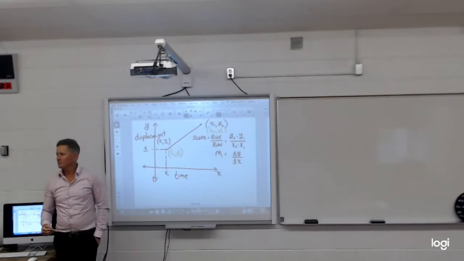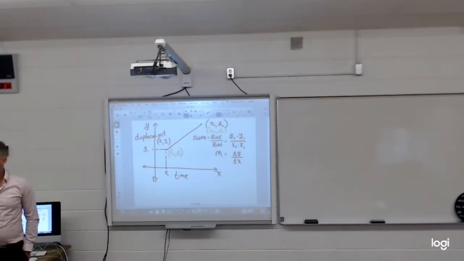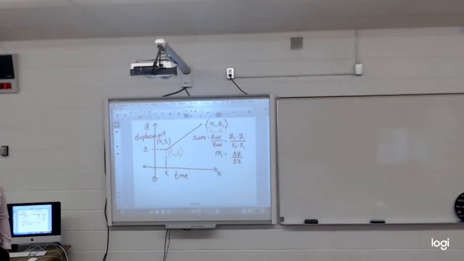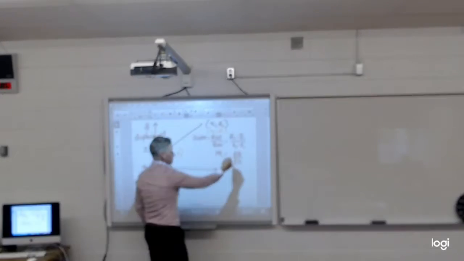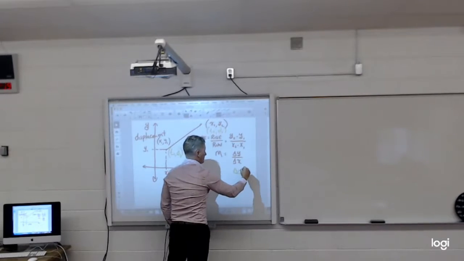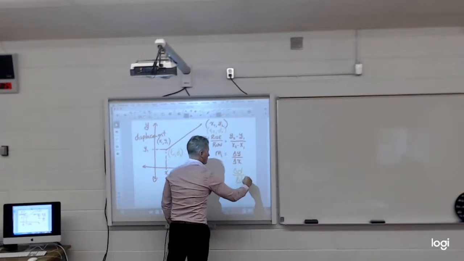So then it would be d2 take away d1 over t2 take away t1. I'd have d2 subtract d1 over t2 subtract t1, and that would get you your velocity. That would be change in displacement over change in time.